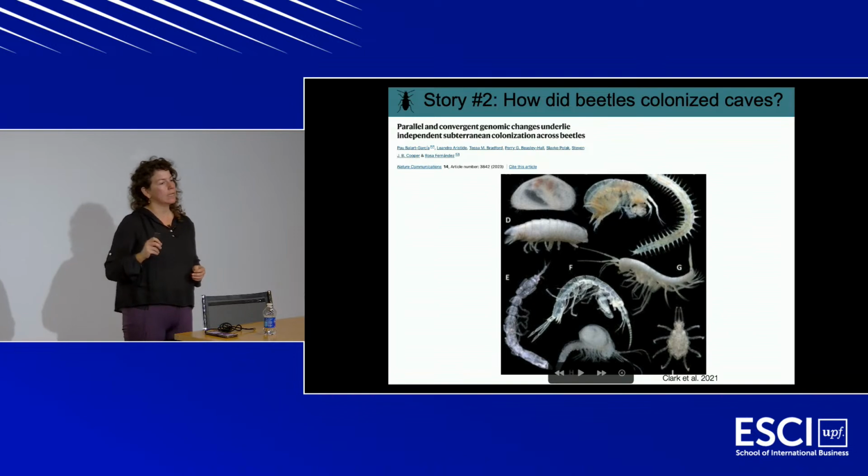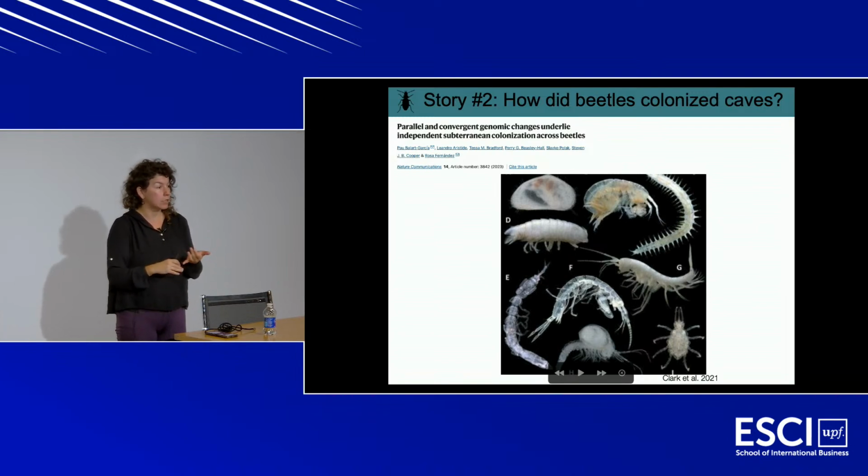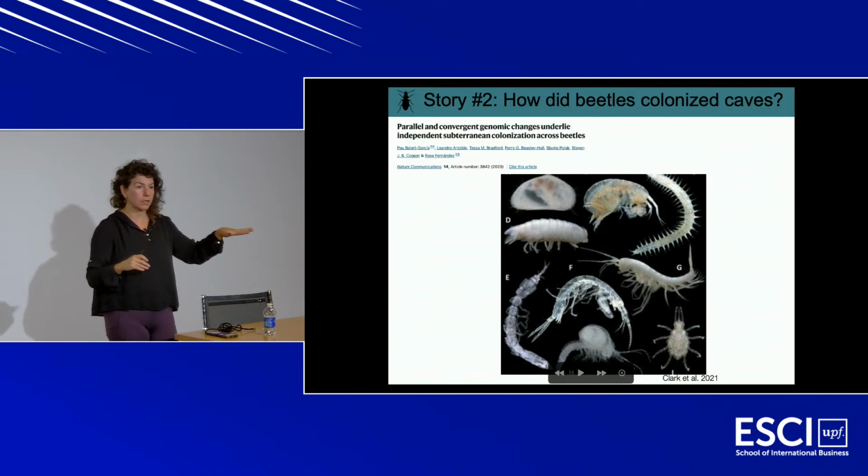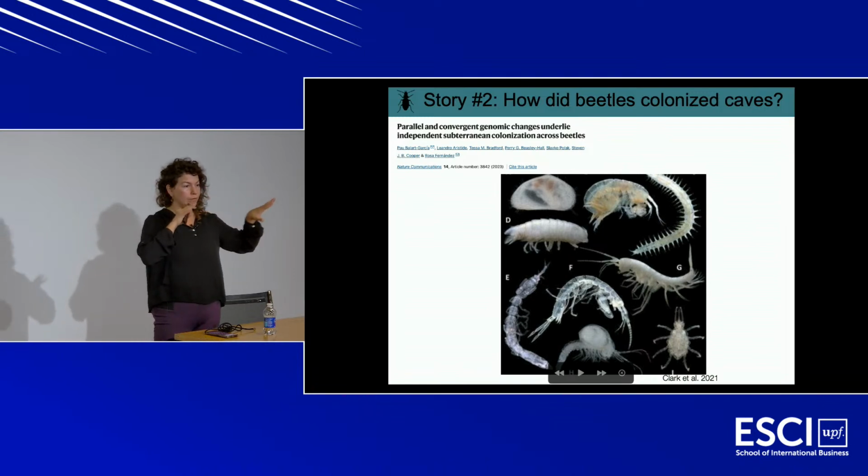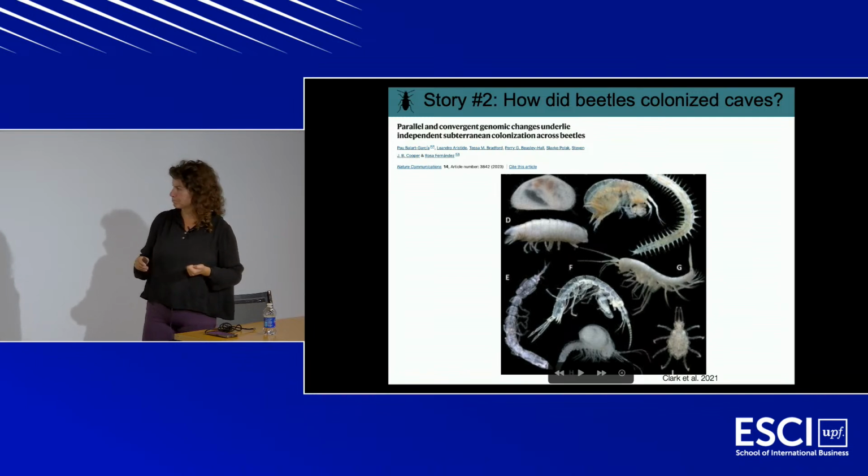And what happens in cave fauna? Cave fauna are white, they have elongated appendages, they tend to lose the eyes because they live in a place that is dark, has constant humidity, and they need to rely more on touch than visual cues, right?